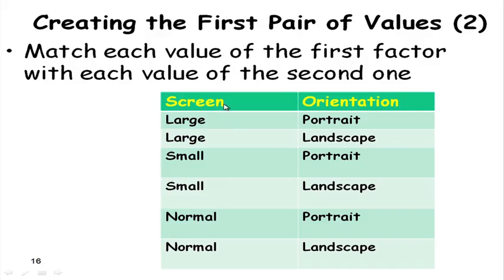And now in the next step, we have taken the parameter which takes the maximum number of values and arranged it for the other parameter which takes 2 values. So, we have written 2 of these here: large, large, small, small, normal, normal, and then we have written alternatingly portrait, landscape, portrait, landscape, portrait, landscape.